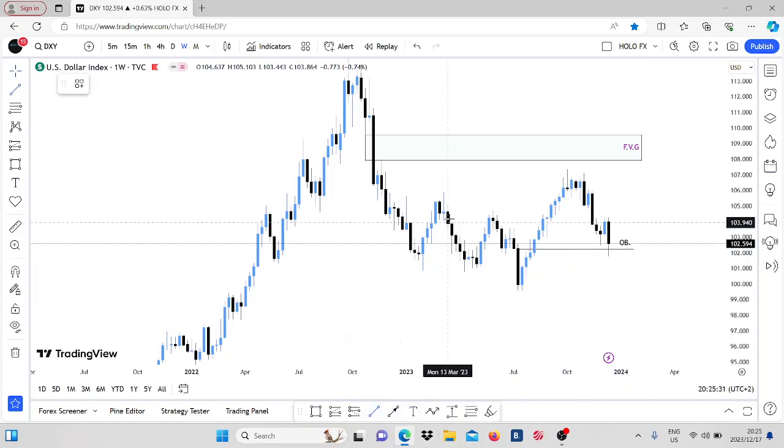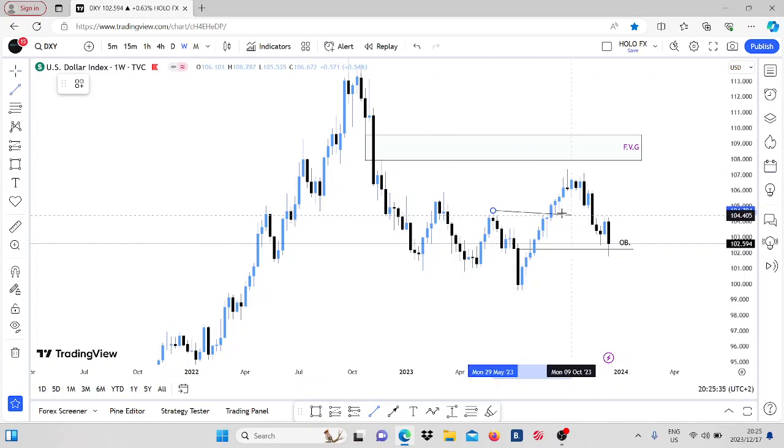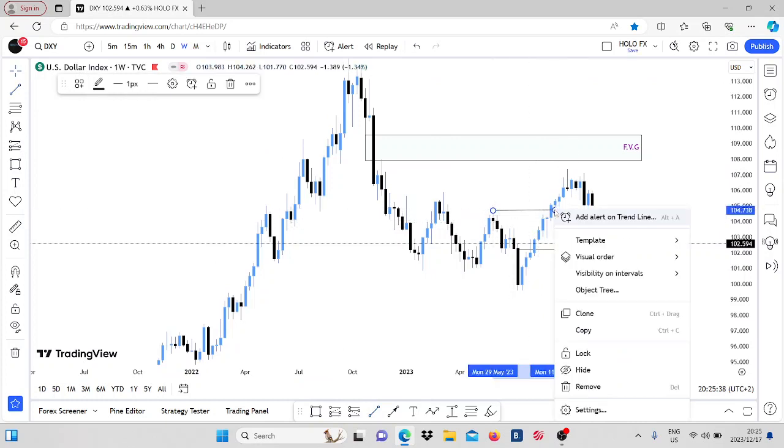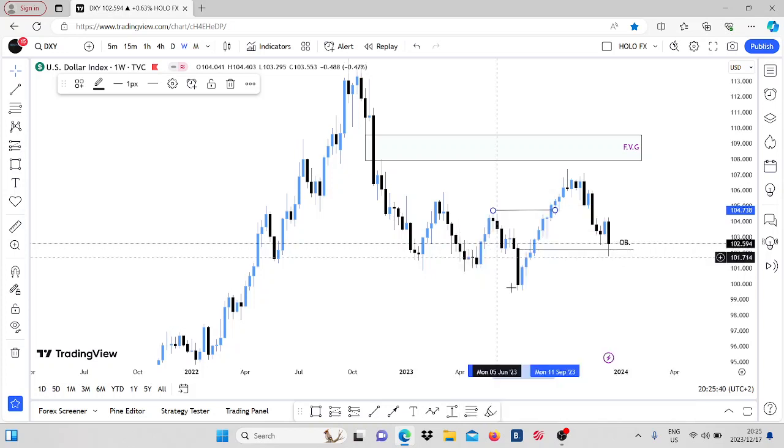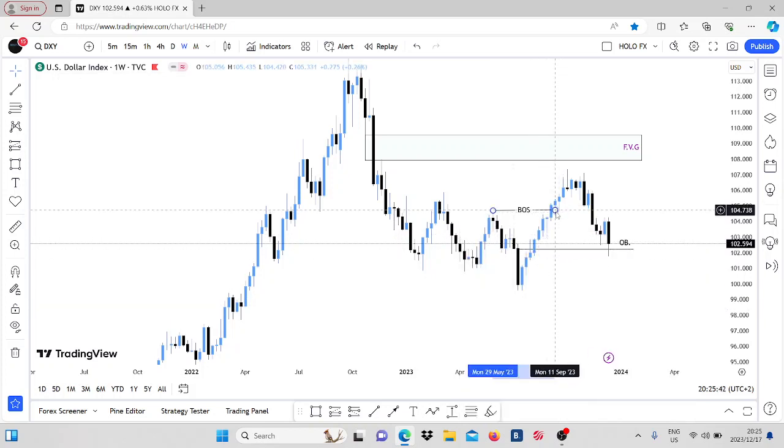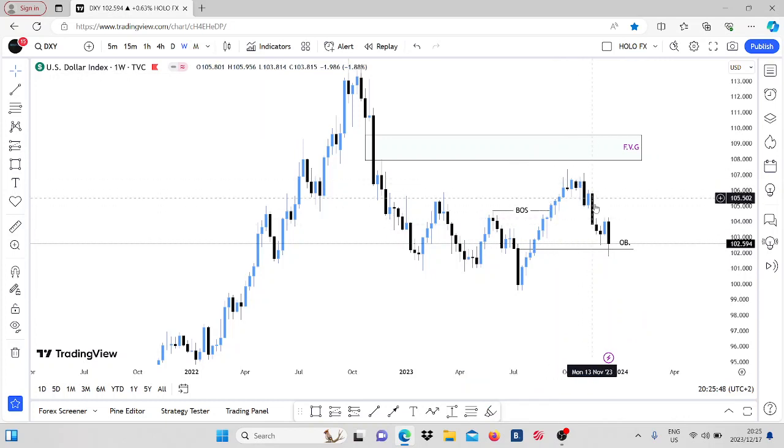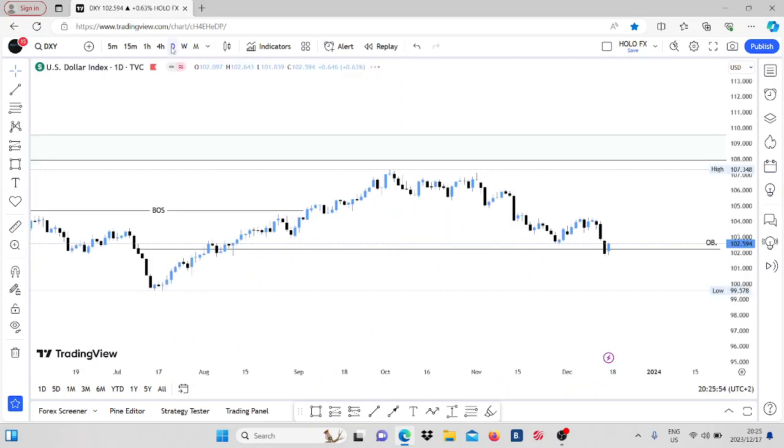Mind you, we're on a weekly chart. We broke structure, right? But let's not forget that we need to see a change of character before we start buying. So let's drop to the daily.